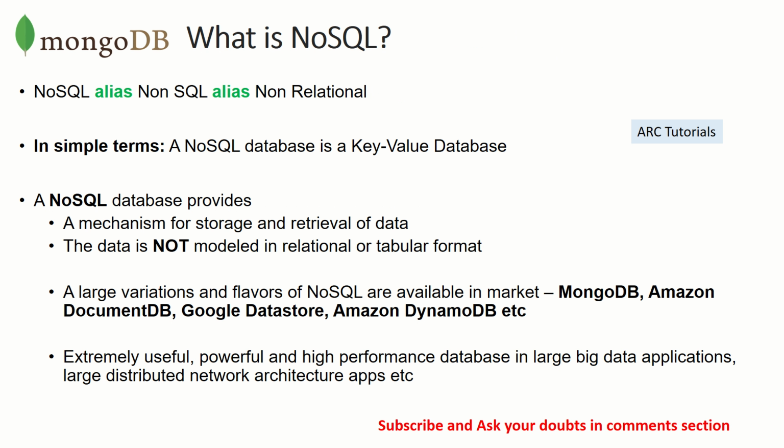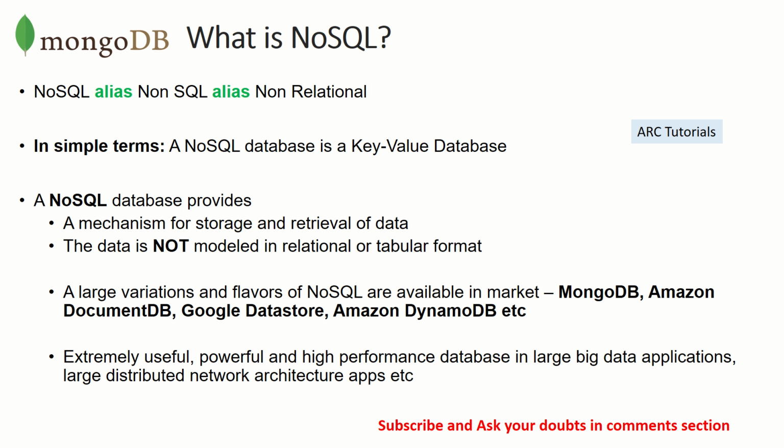All right, so before you learn MongoDB, you have to learn what is NoSQL, right? Also known as Non SQL, also known as Non Relational database, also known as document database, also known as key value database. So there are different names to it, but they all mean the same thing.